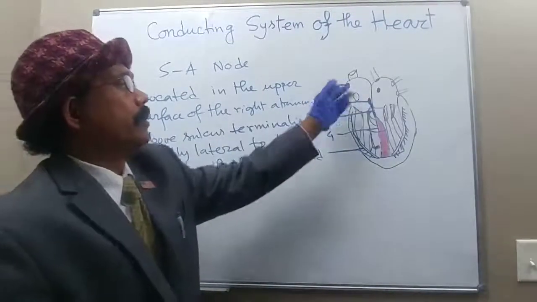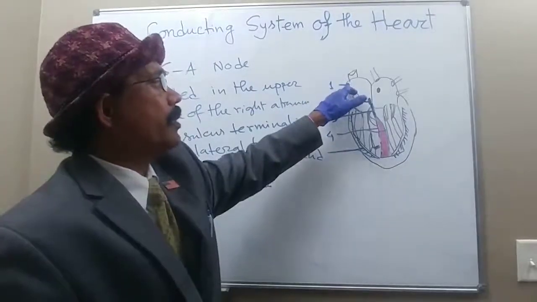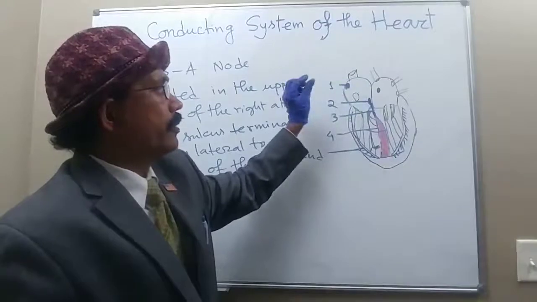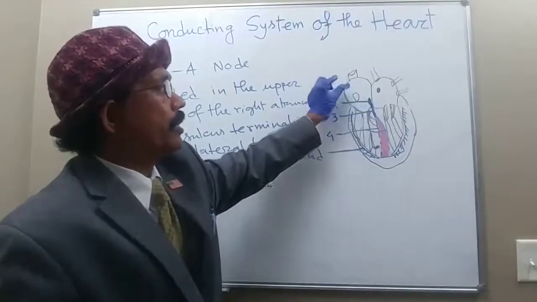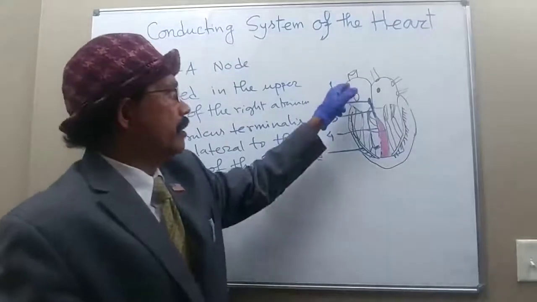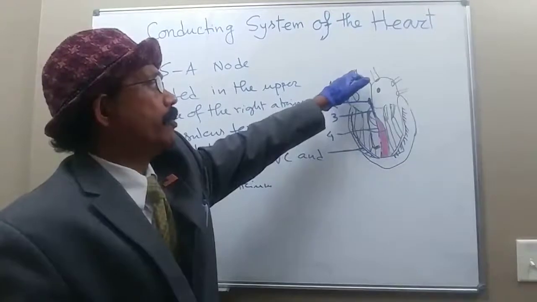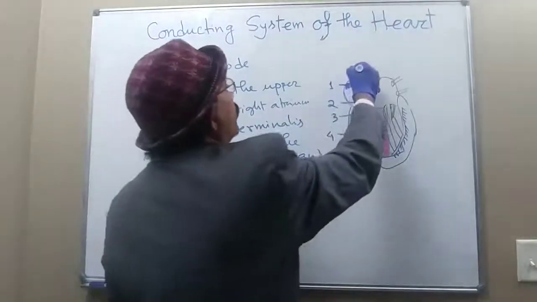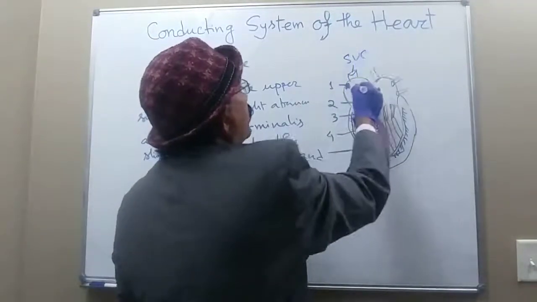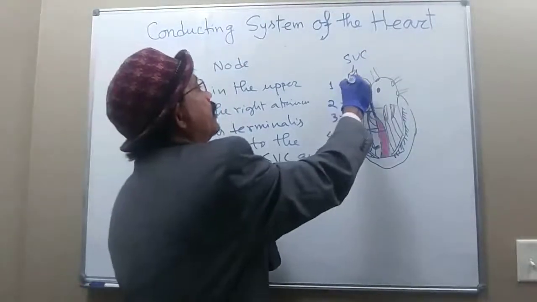Its width is around 3 millimeters, its length maybe around 17 millimeters, and its thickness is around 1 millimeter. So it is a small, elliptical, modified cardiac muscle located at the junction of the superior vena cava. This is the superior vena cava, this is the right atrium, and it is located here.